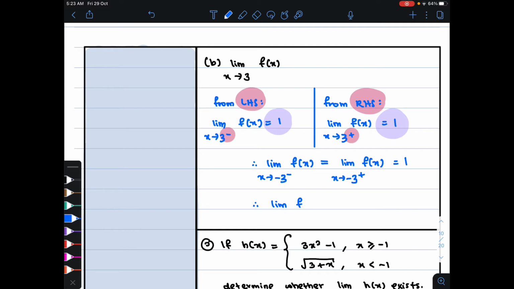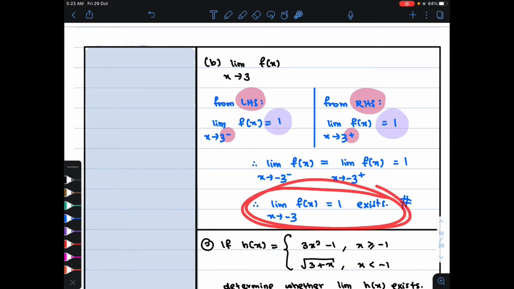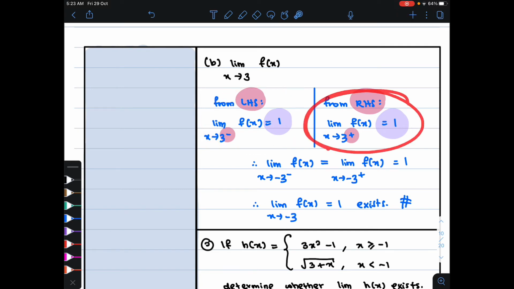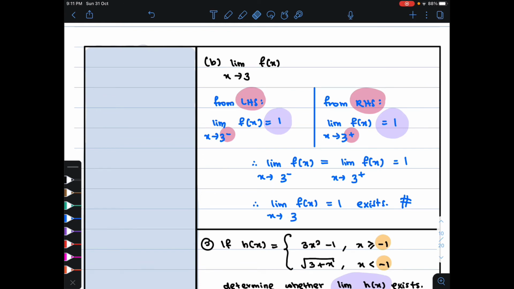The limit of f(x) as x approaching 3 is equal to 1 and exists. For the final conclusion, there's no need for you to write plus or minus. Just write it like this. This means that the limit from the left hand side is the same as the limit from the right hand side. I'm so sorry, but it's supposed to be +3 in the conclusion, not -3.